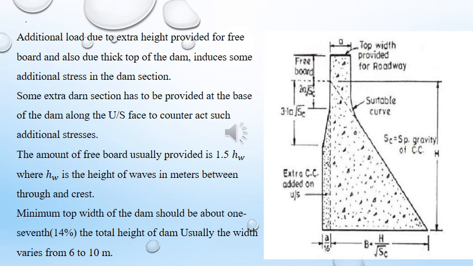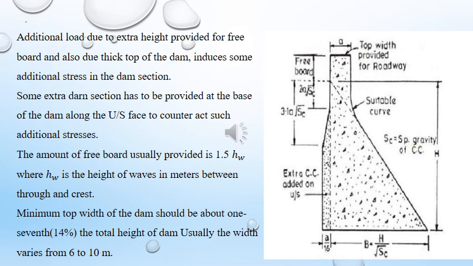So, how do we find the total height of the dam? Total height of the dam means the depth of water plus freeboard, and this freeboard is taken as 3/2 times the height of waves, or not less than 1.5 meter.